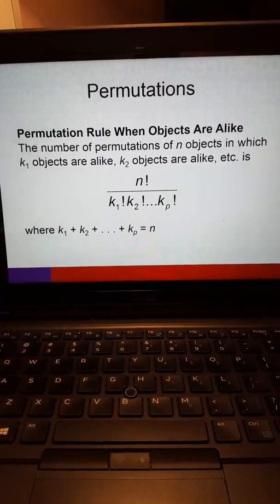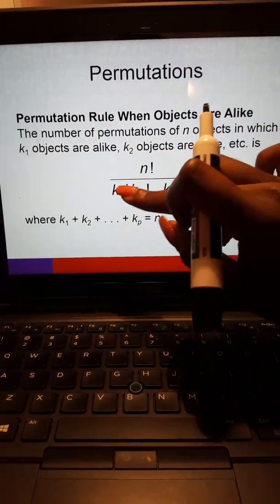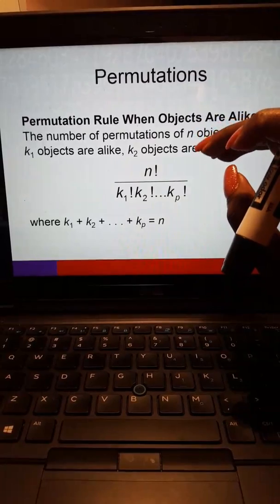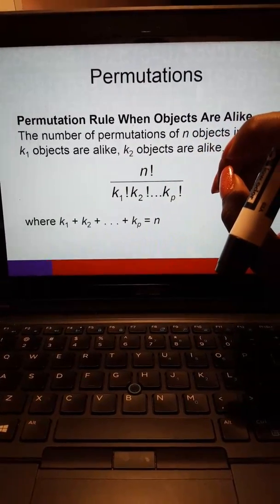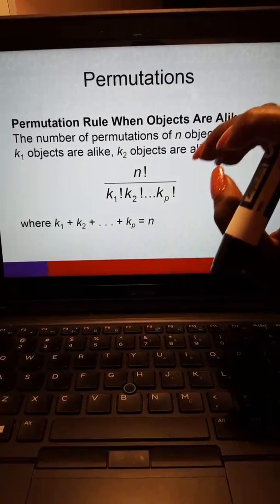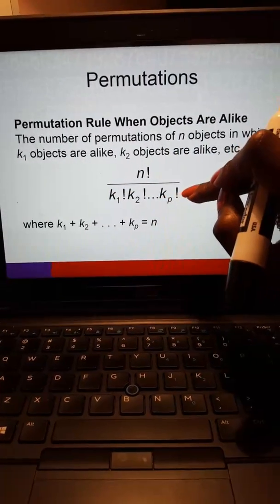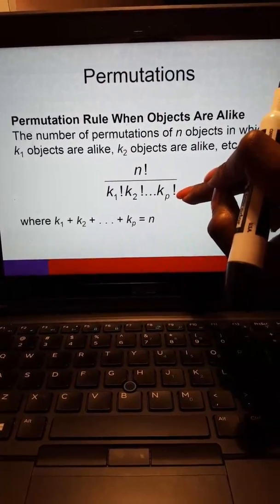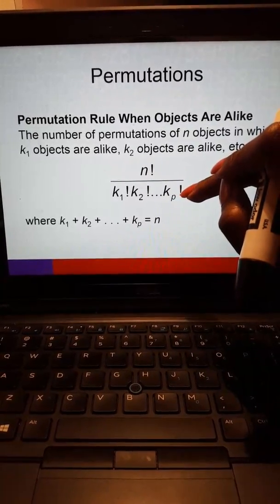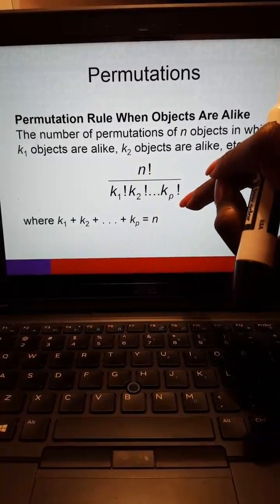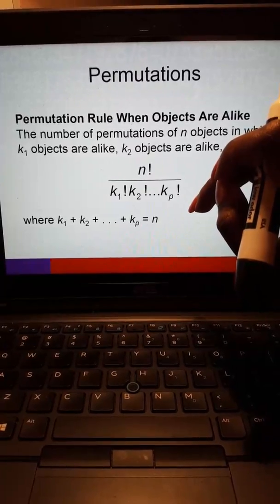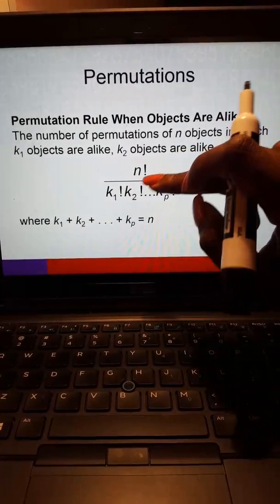So let me explain that a little better. So let's say we're looking at a word. If we're looking at a word and the word has 5 letters, then that will be 5 factorial. Everything that's going to be at the bottom to represent K is going to be the type of letters. So if my name is Miss Adams, let's just use Adams, which is 5 letters.